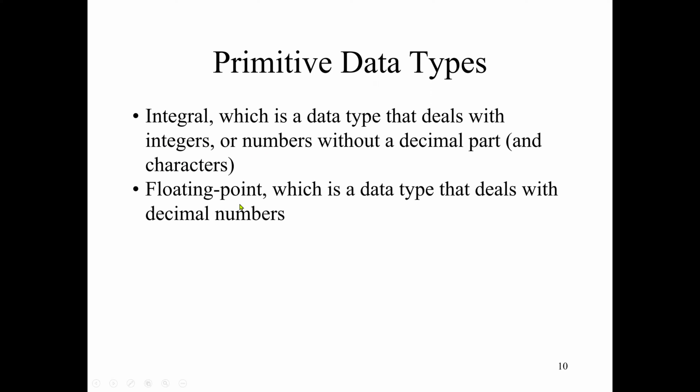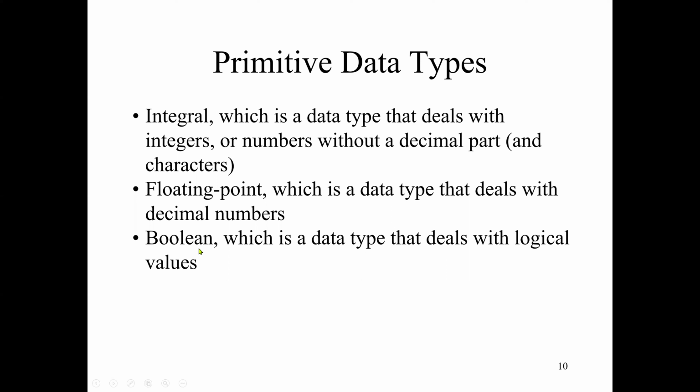We also have floating point, which is decimal values. It is a data type that deals with decimal numbers. And we also have the Boolean data type, which deals with logical values, and only two, either true or false.